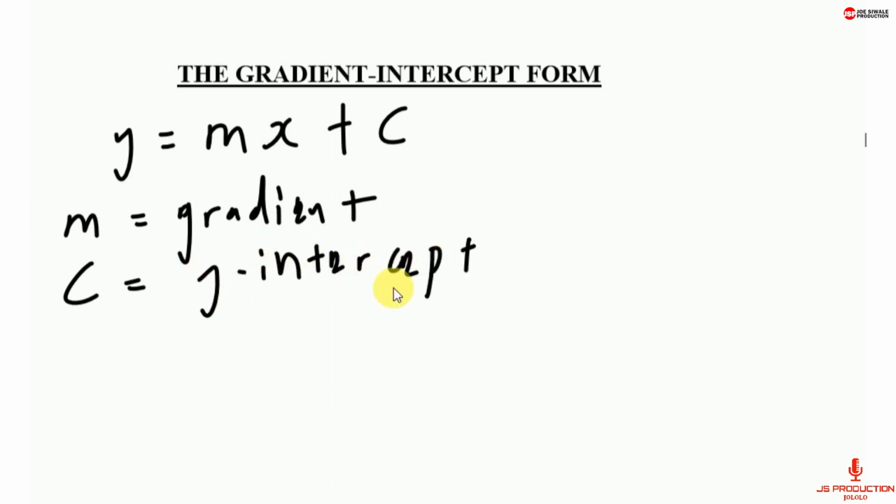We have said that our y intercept is the y coordinate at the point where the line cuts the y axis. And from the Cartesian plane, let me show you the y intercept.